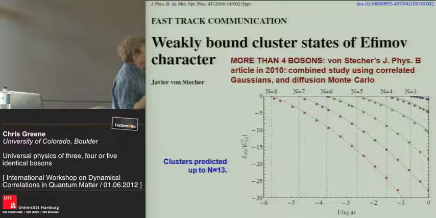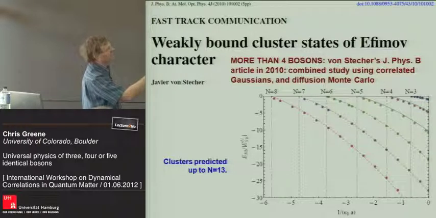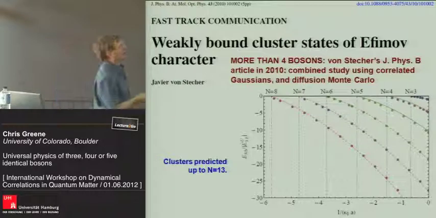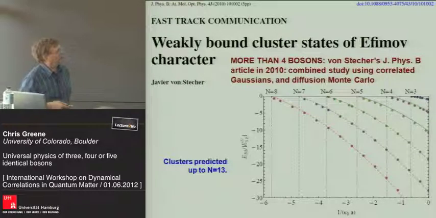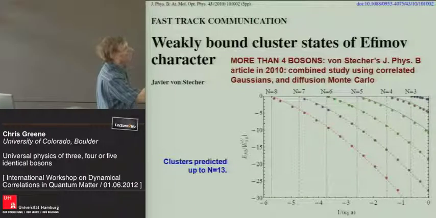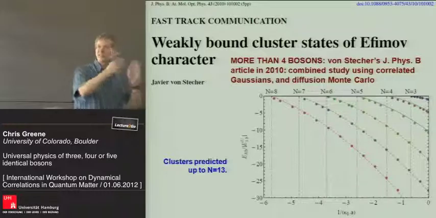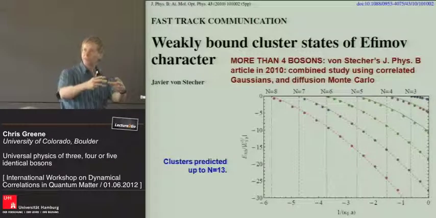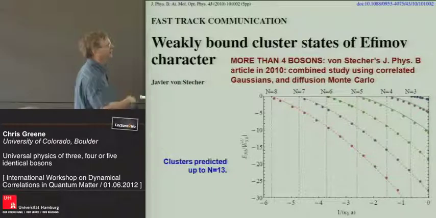But what is newer that I wanted to talk about is trying to go beyond 4, which goes back to some work of Javier von Stecker by himself. He predicted that there should be universal states for 5, 6, 7, 8. He went all the way up to 13, a rather remarkable paper. And basically from this analysis predicted that you should be able to go to a negative scattering length where you can have 5-body resonantly recombine, but there is not yet any high-lying 4-body state.